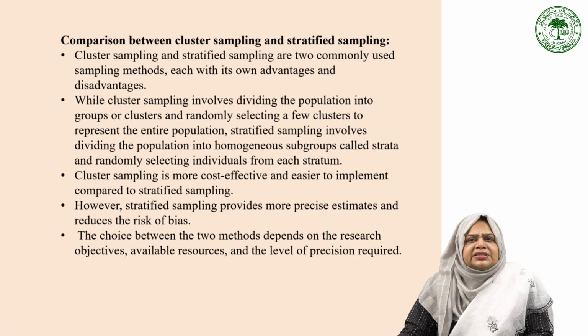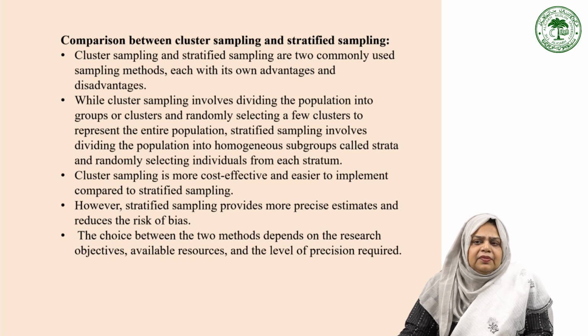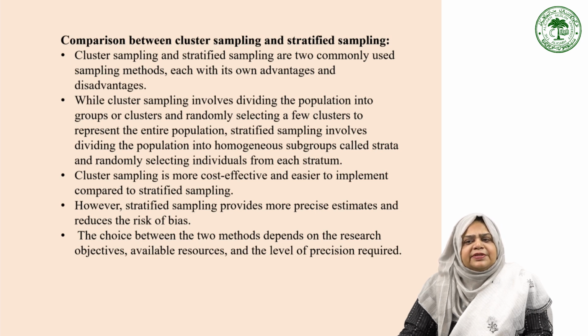On the other hand, stratified sampling involves dividing the population into homogeneous subgroups, known as strata, and randomly selecting individuals from each stratum. While cluster sampling is more cost effective and easier to implement, stratified sampling provides more precise estimates and reduces the risk of bias. Ultimately, the choice between the two methods depends on the specific research objectives, available resources, and the desired level of precision.